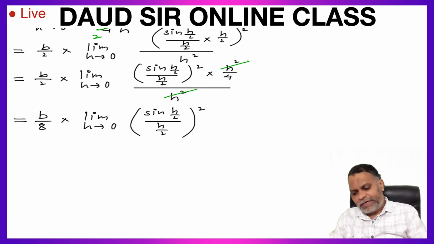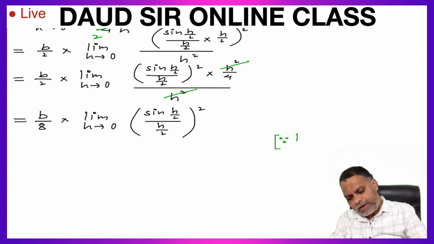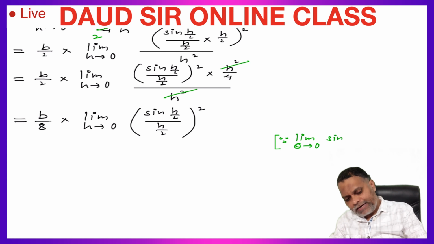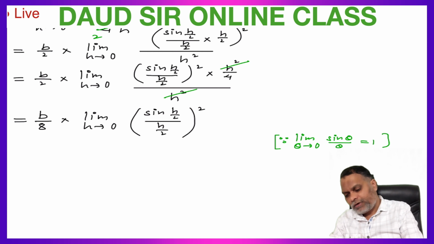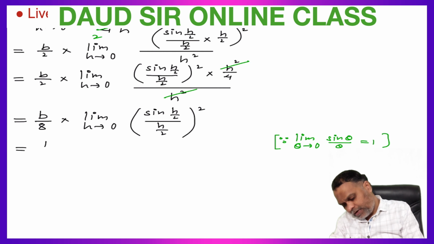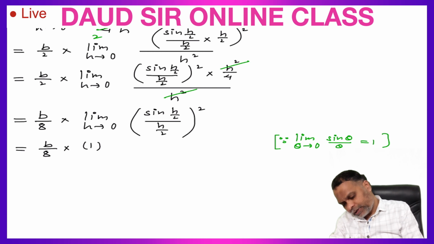Now we can use the limit: limit theta tends to 0 sin theta upon theta is equal to 1. Here theta is equal to h upon 2, and h upon 2 tends to 0 and h tends to 0 is the same thing. So this is 1, and 1 square is 1. So this is b upon 8 into 1 square, which is equal to b upon 8.